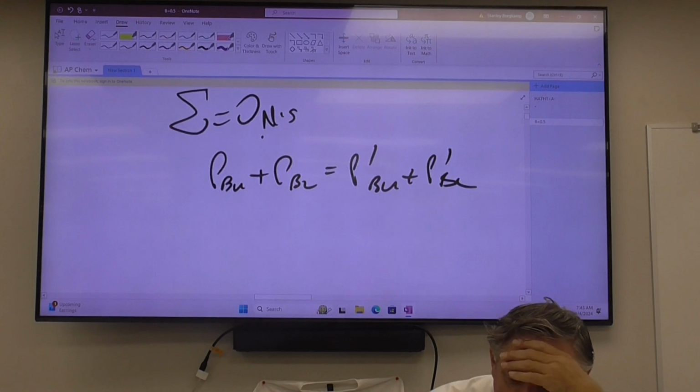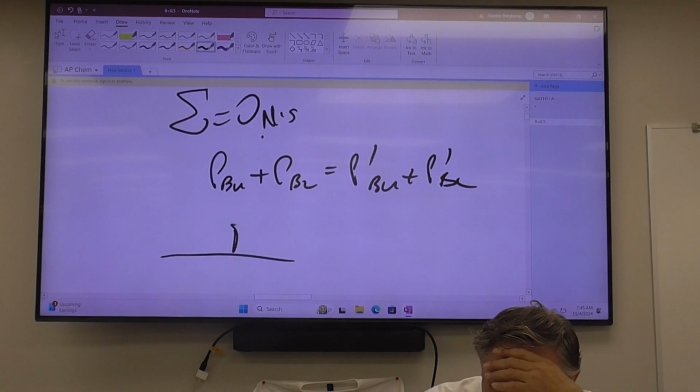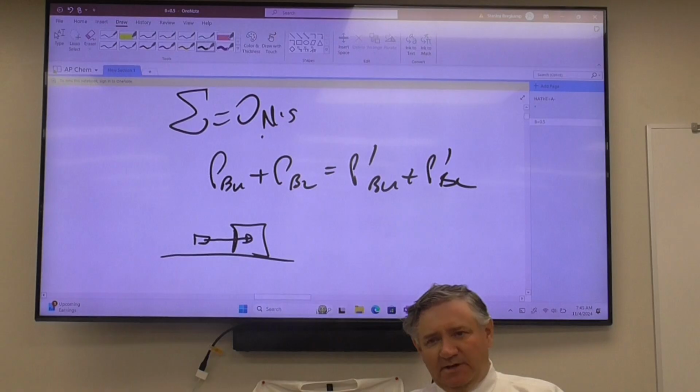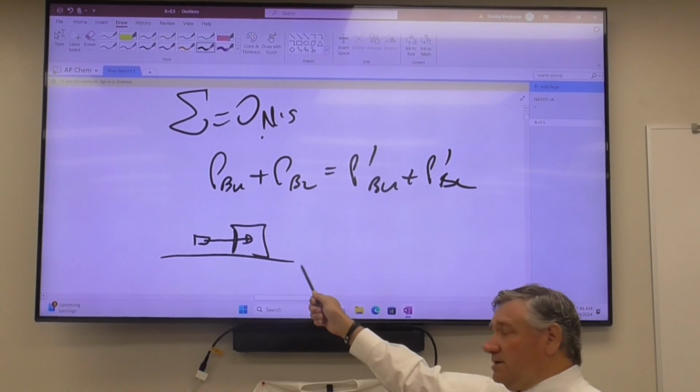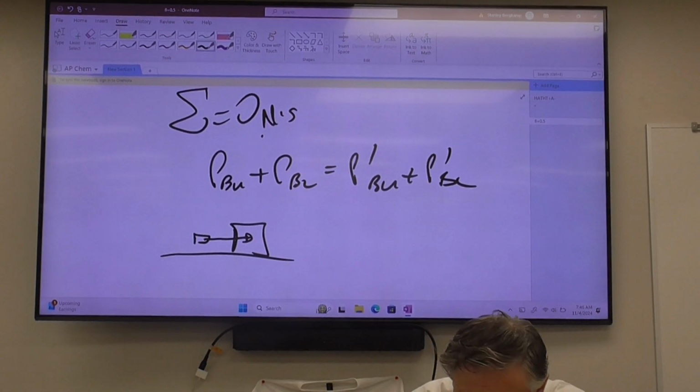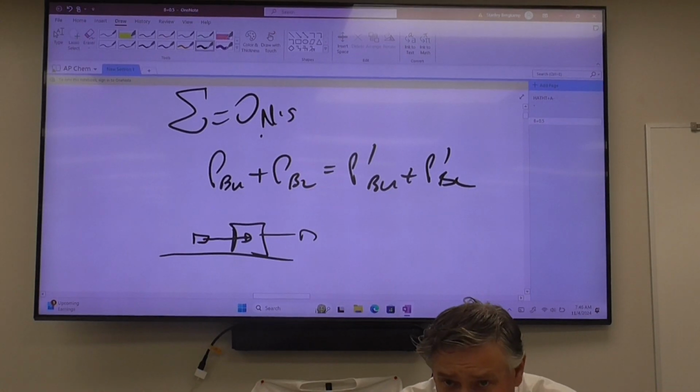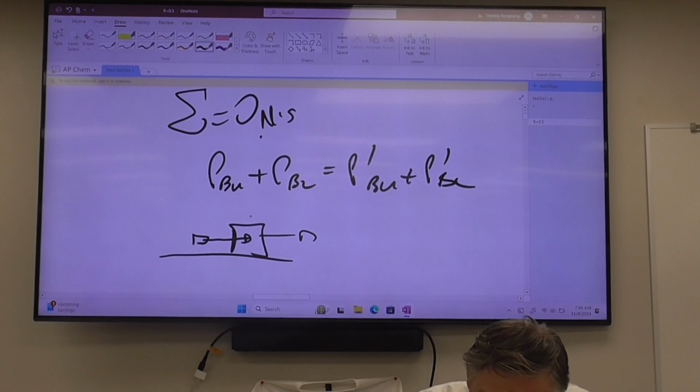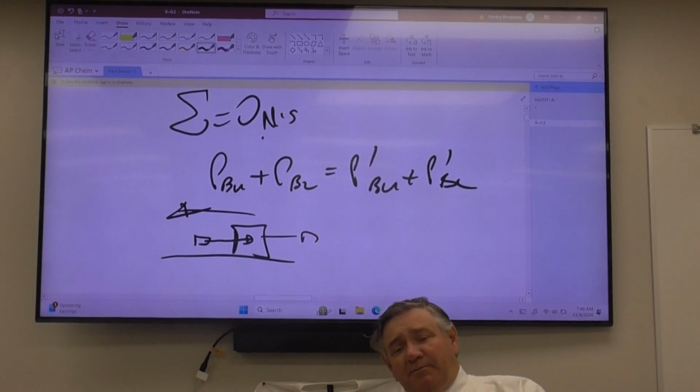So let's say, hypothetically, you end up with a negative velocity. So here's what you're telling me: a bullet comes in, hits this block, the bullet exits the block, and then the block ends up going in the opposite direction.